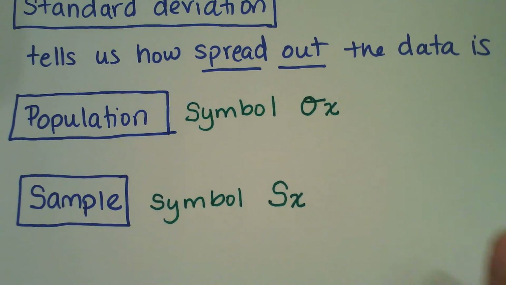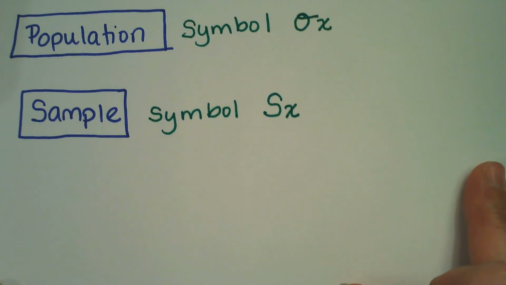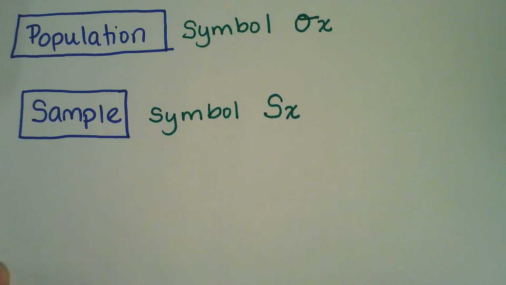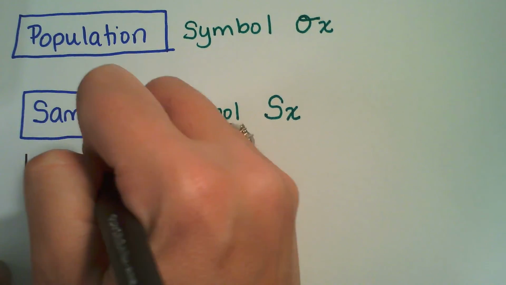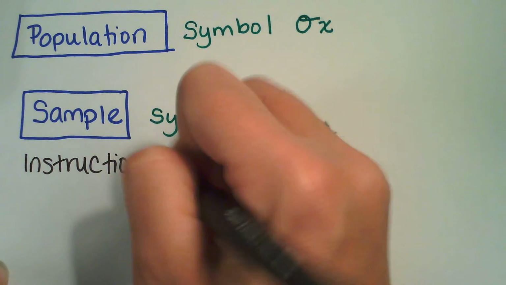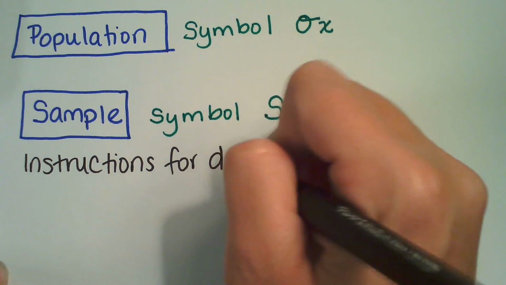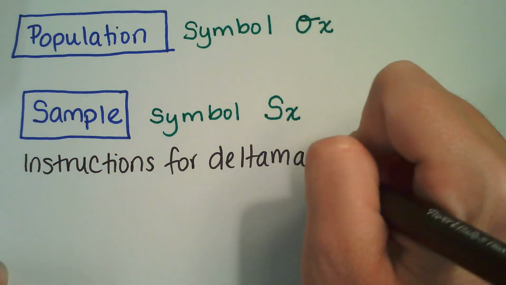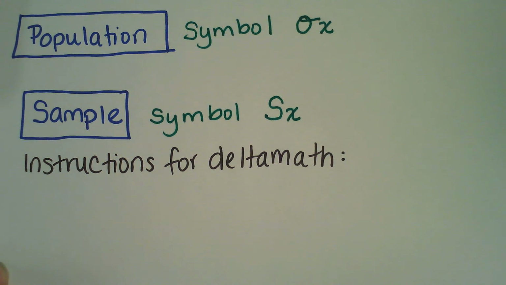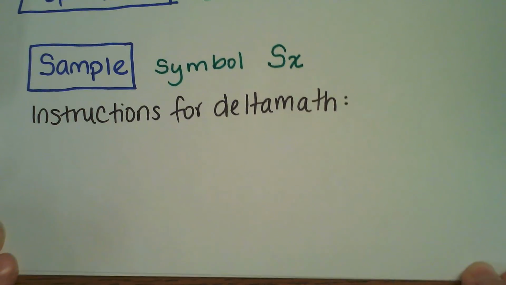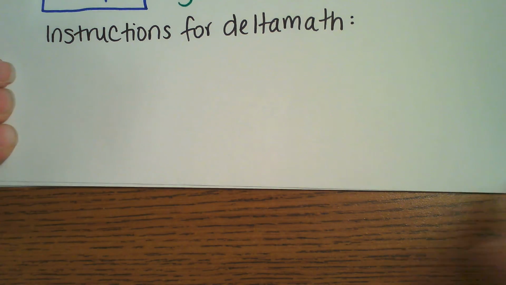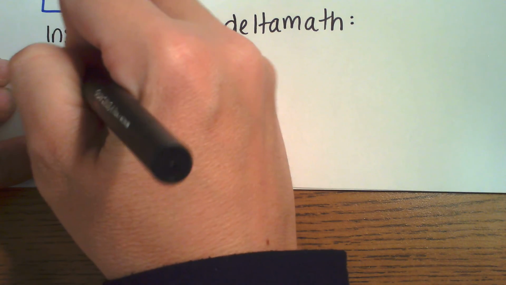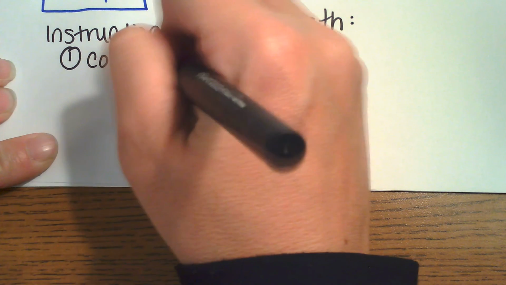And we're going to write down the Delta Math instructions for using the calculator. And I'm going to do this with you on the website, but I just want us to record this so that we have it written down. So the first thing that we'll do is copy the values.